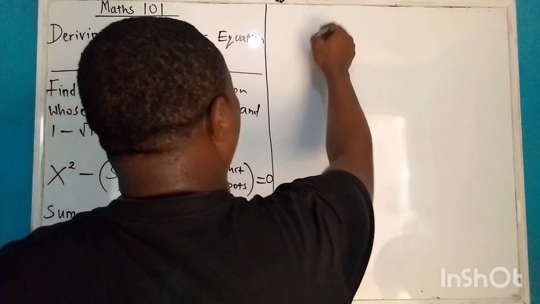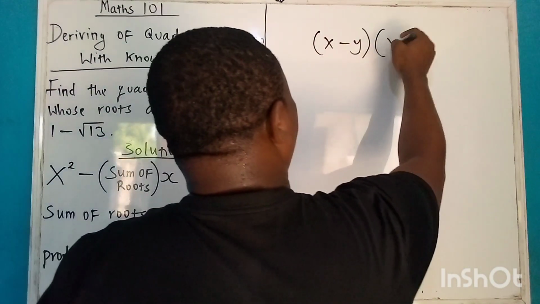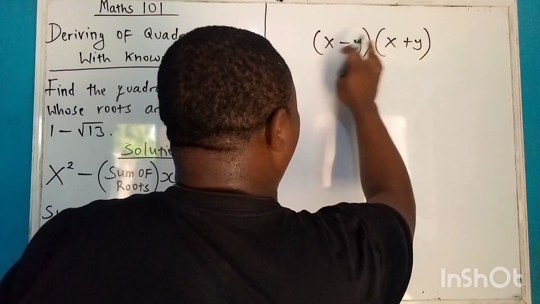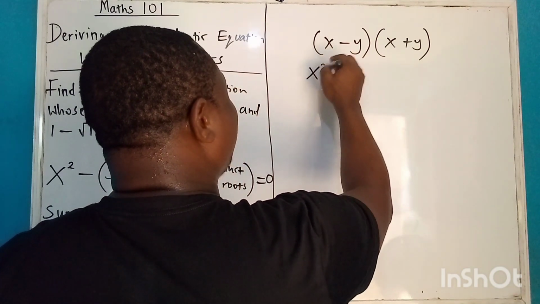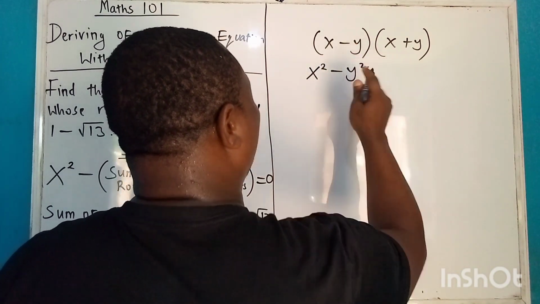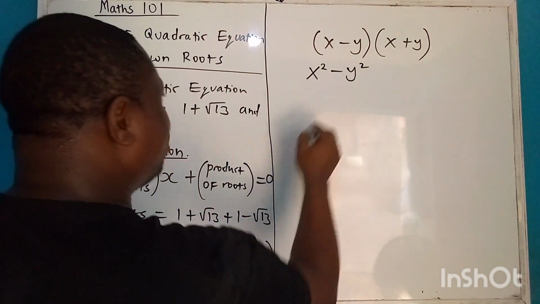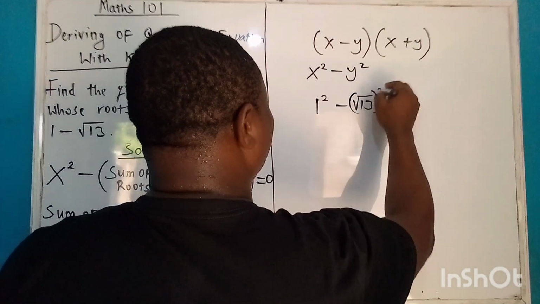For instance, if you have x minus y and x plus y, as long as it's the same x and y but the signs are opposite, you know that your result will be x squared minus y squared. So using that same principle here, this will be 1 squared minus root 13 squared.